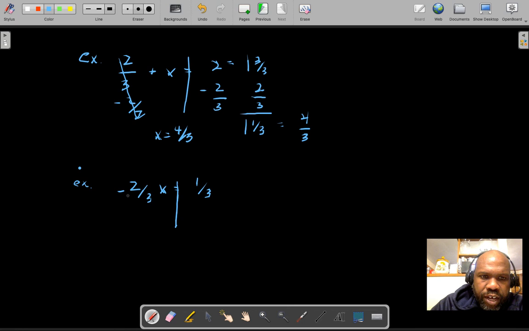So we have negative 2/3 times, since we don't have anything in the middle, times a number equals 1/3. So if we have times, the operation is multiplication, then the operation that's the inverse is division. So we have to divide both sides by negative 2/3.